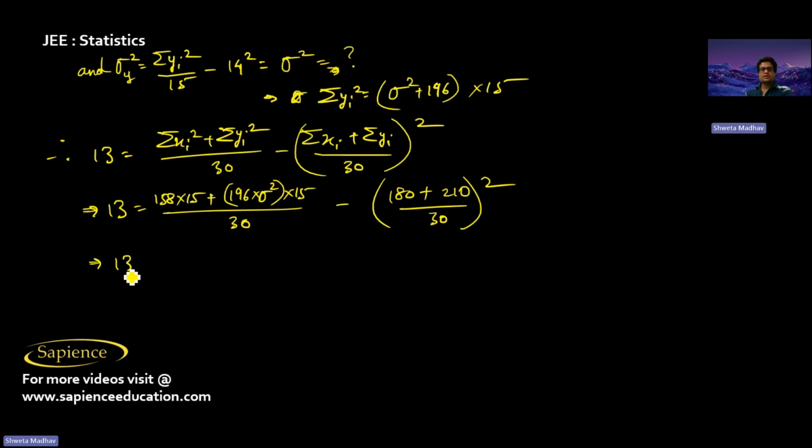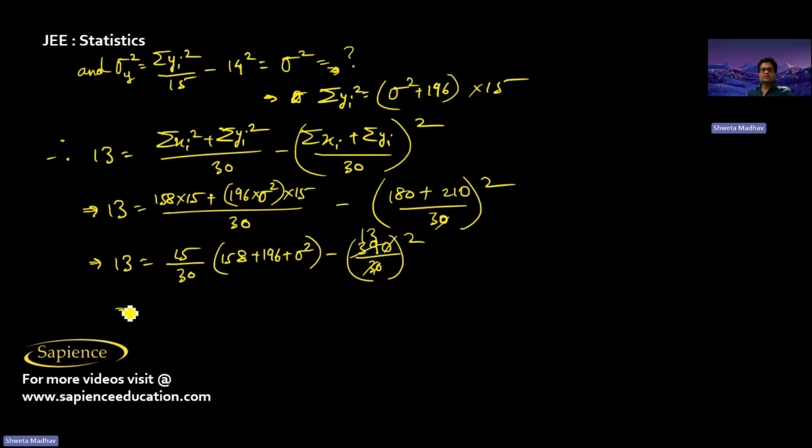So this means 13 is equal to, from here I can take 15 as common, so 15 by 30 into 158 plus 196 plus sigma square, minus 180 plus 210, that is 390, by 30, whole square. Cancelling the 0, 13 threes are 39, so this is 13 square.